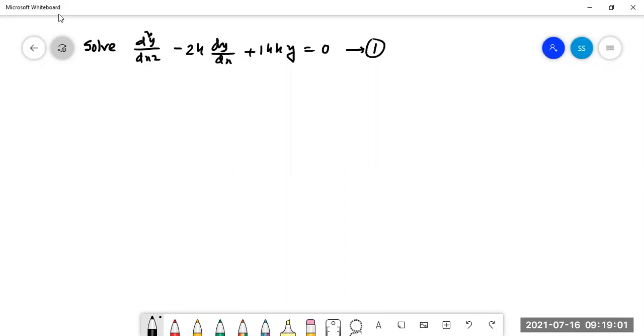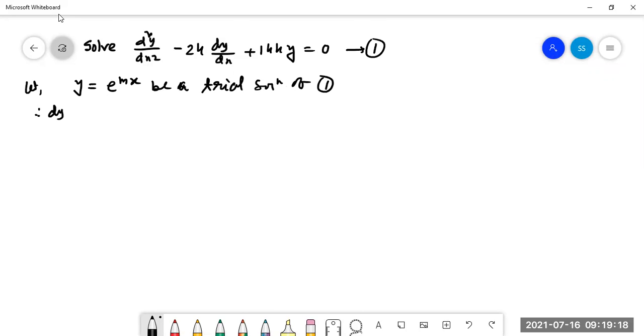This is number 1. So here also let us assume that y equal to e to the power mx be a trial solution of 1.